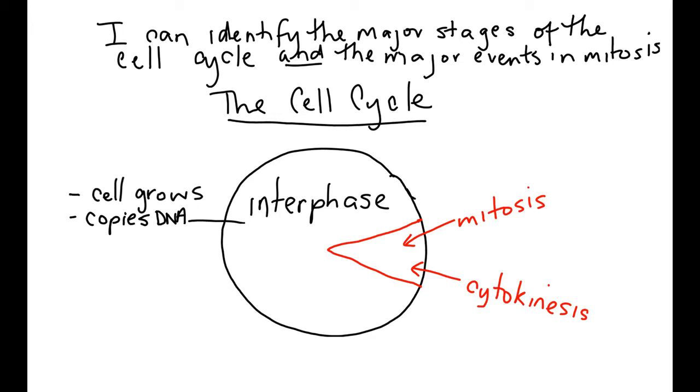So it copies its DNA, and it also duplicates organelles. Because it's got to make sure that both daughter cells end up with enough mitochondria and vacuoles, vesicles, chloroplast. It's got to make sure it's got all of that material in order to function properly.